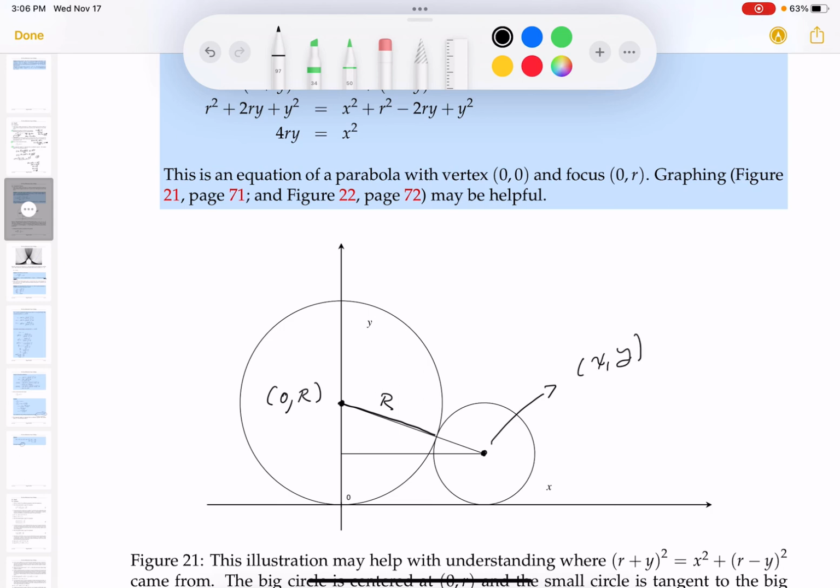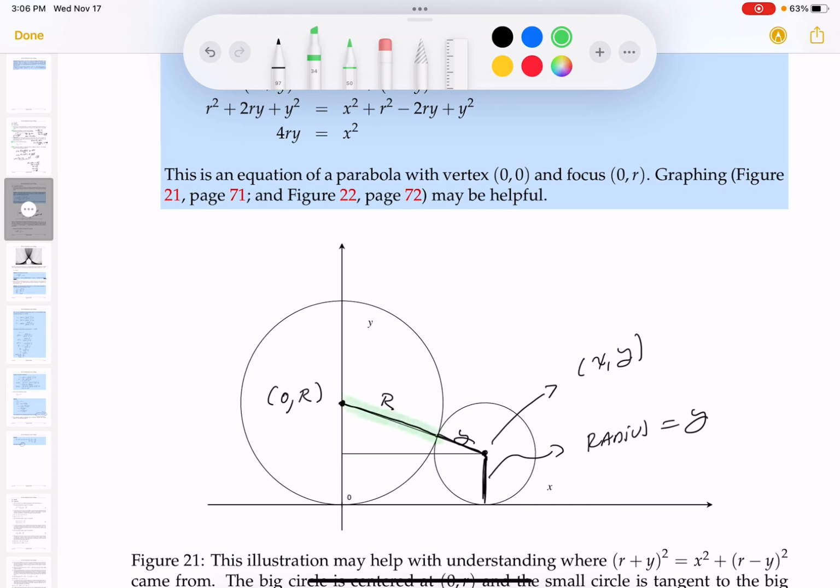And once I do that, I claim that the radius of this circle is going to be y. I hope that's obvious to you. So what's the distance over here? It's y. So what's this total distance? I want to make sure you understand what I mean by that. This total distance here is r plus y. And all I'm doing is a picture at this point.